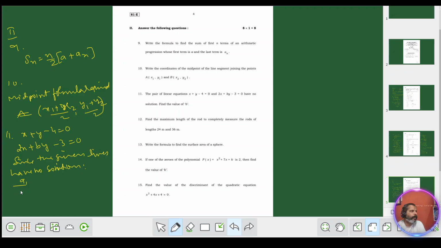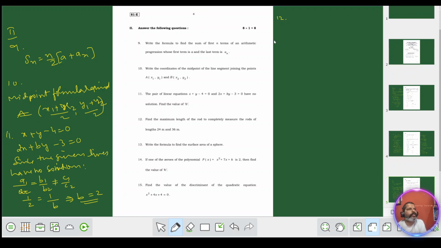Substitute the values: 1 by 2 equal to 1 by b. The c part is not required. So b into 1 is b, 2 into 1 is 2. So the answer is 2. Please pay attention to the three ratios and how they look, what type of lines we get, what kind of solutions and how many solutions we get. There are three parameters, so 3 into 3, 9 cases will come for the three ratios.